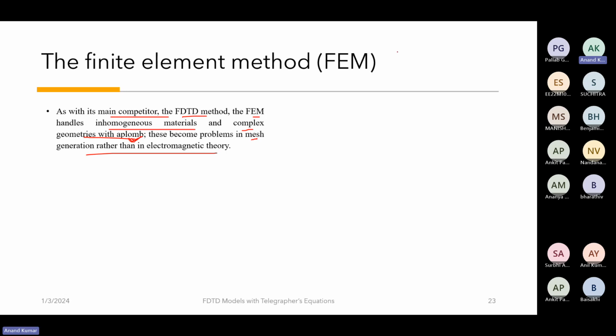In FDTD as well, if you have a simulation space which has some epsilon 1 over here, epsilon 2 over here, epsilon 3 over here and epsilon 4 over here, this is not a problem that we will solve in the FDTD formulation. This is rather a problem of the mesh, how you mesh the structure. So if you mesh the structure properly and assign the correct epsilon values on these spaces.